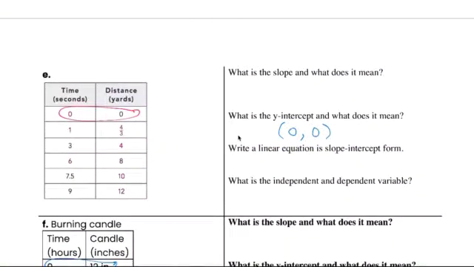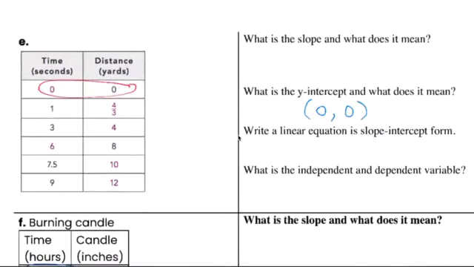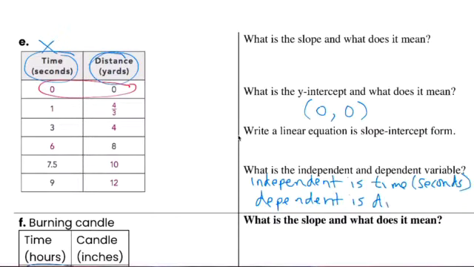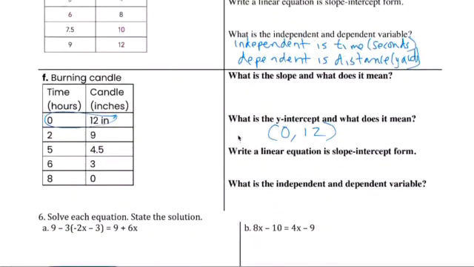Same thing for the table. The independent is time in seconds. That's the x. And the dependent is distance in yards. Same thing here.